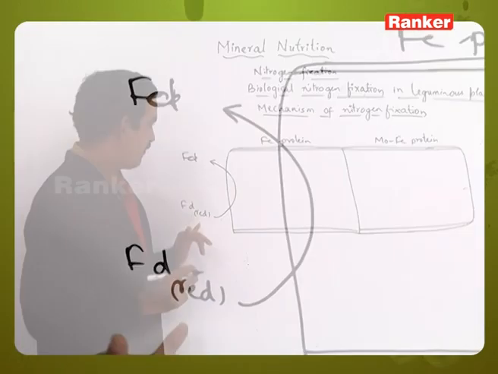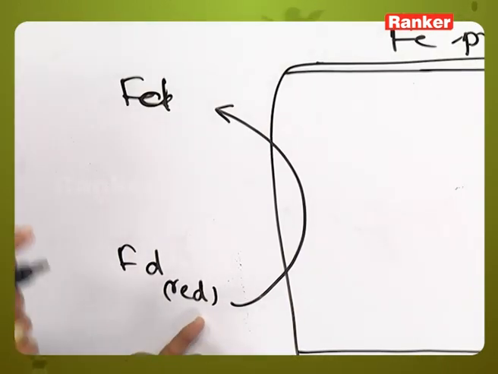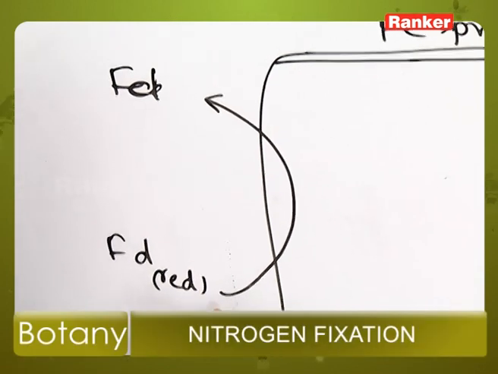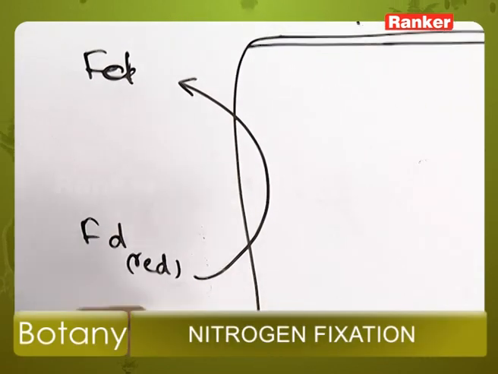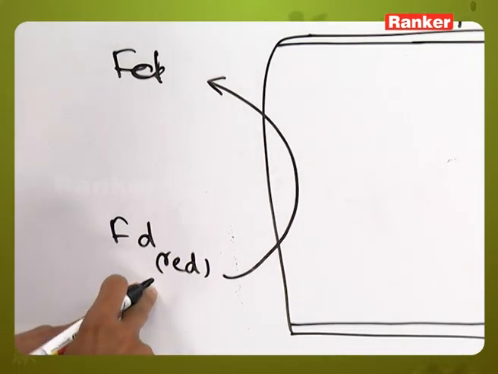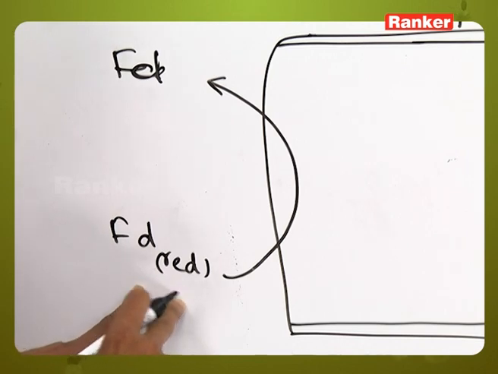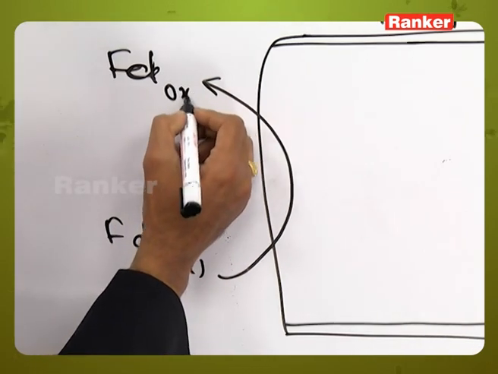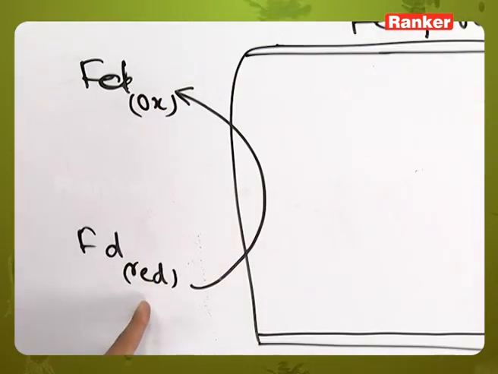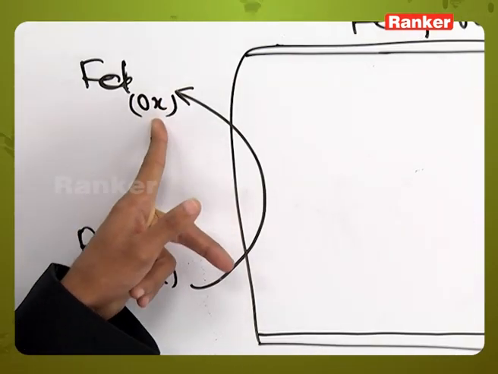When the ferredoxin takes the electrons from the phosphoroclastic cleavage of pyruvic acid, it undergoes reduction. This reduced ferredoxin will provide those electrons to the iron protein part, and the ferredoxin is converted into oxidized form.